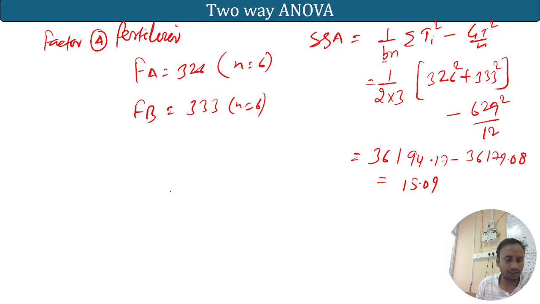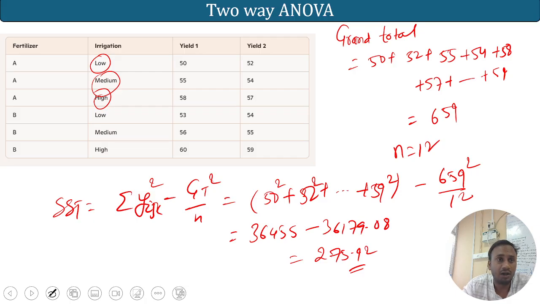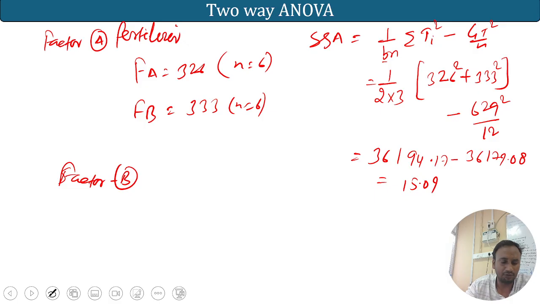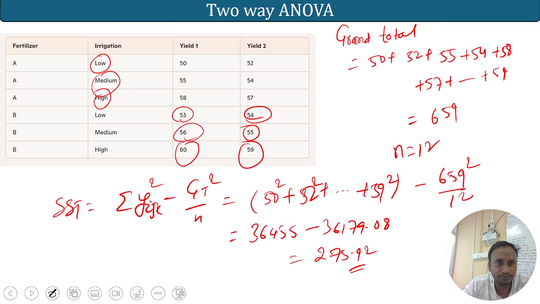So now we calculated SSA, and now we'll go with factor B. We are having the values 53, 54, 56, 55, 60, 59. TL, TM, TH: irrigation, what do we have?